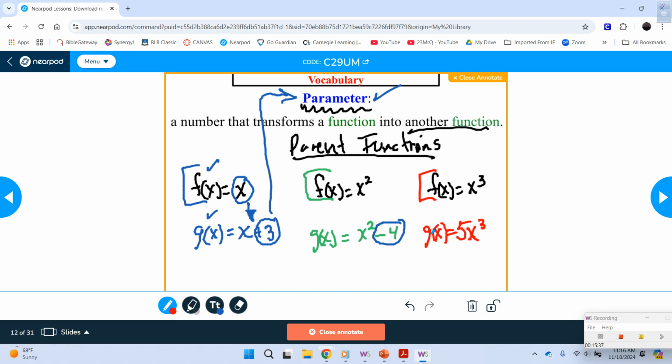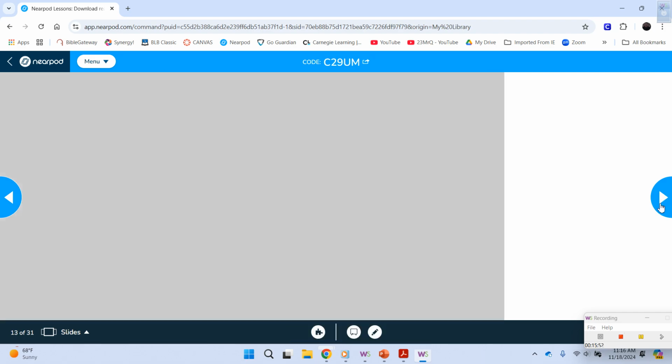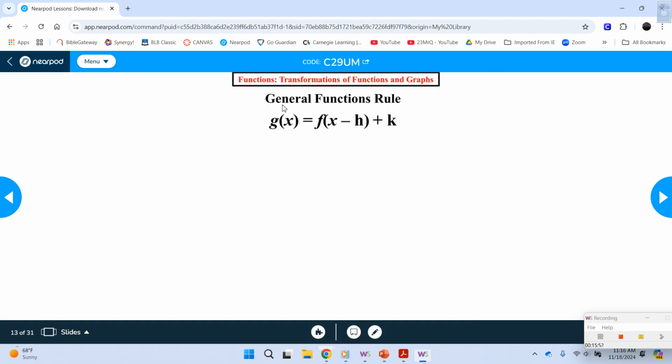So that's what we're going to be doing today, but I want to make sure that we understand what each parameter does, that you understand what we're doing with that, okay? So with that said, everybody has those, yes? All right, write the general rule that we're going to be using from now on. Write general functions rule, g of x equals f of x minus h plus k.